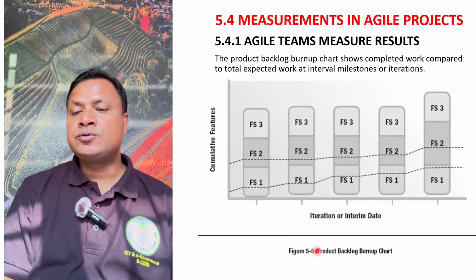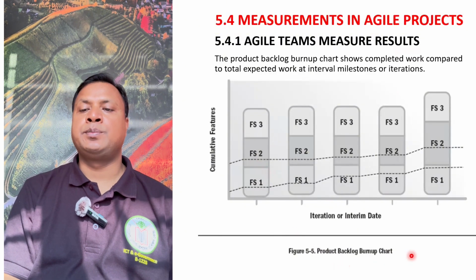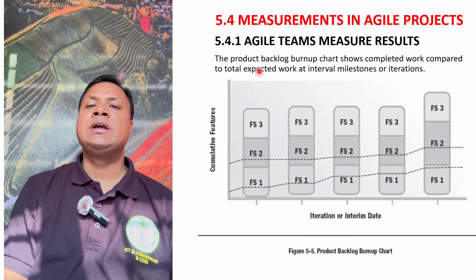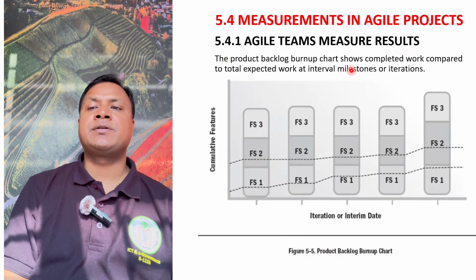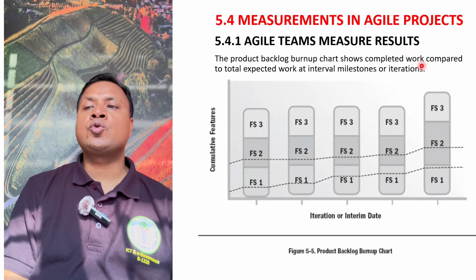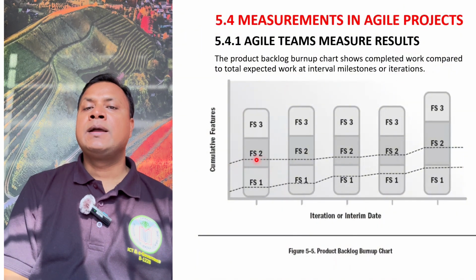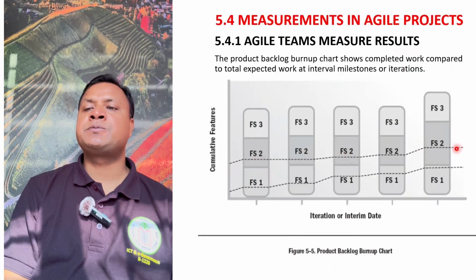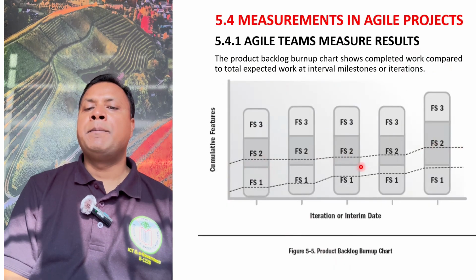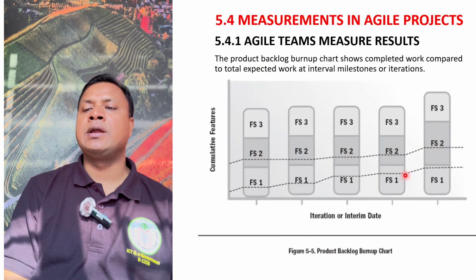And another one is called the product backlog burn up chart. The product backlog burn up chart shows completed work compared to the total expected work at an interval, milestone, or iteration. So this is our expected. We expected that we could complete this part, but actually we are running behind. We are here.